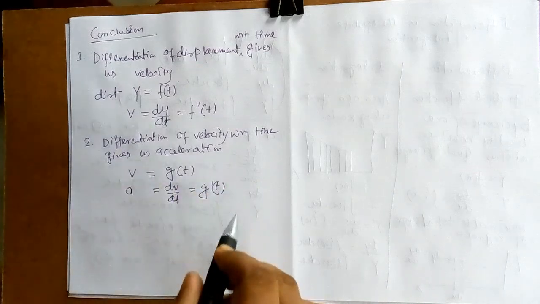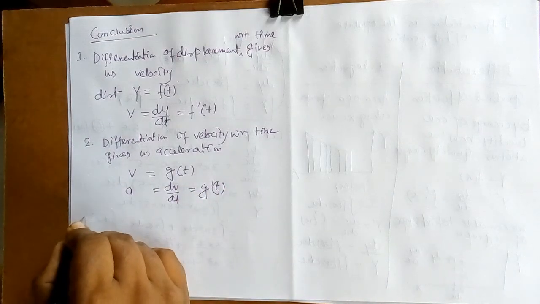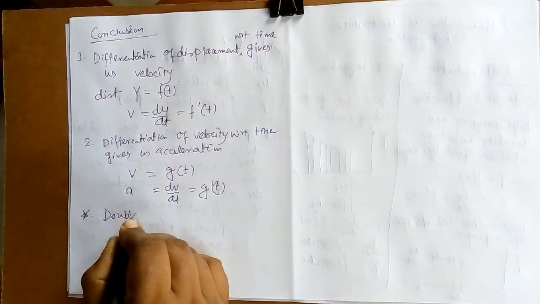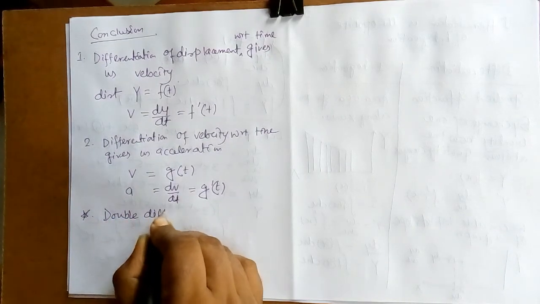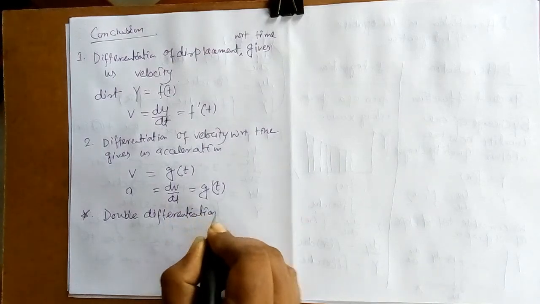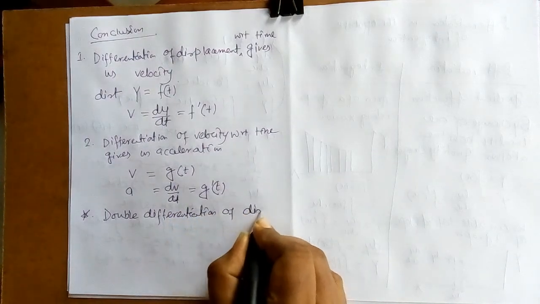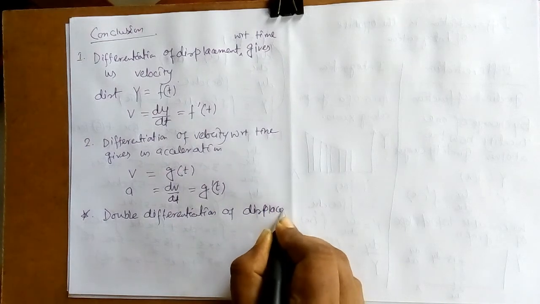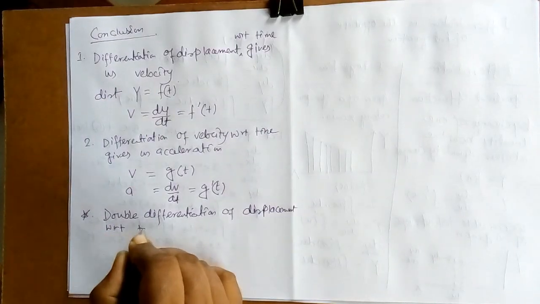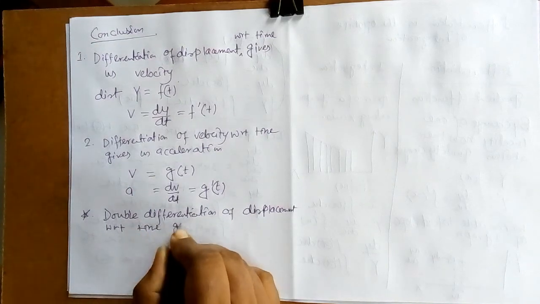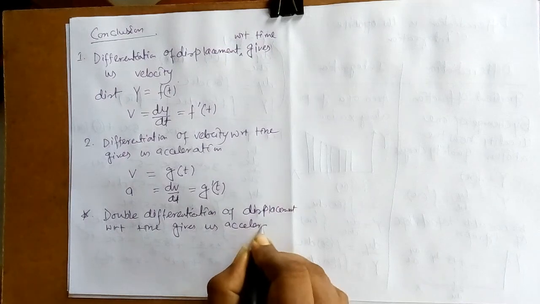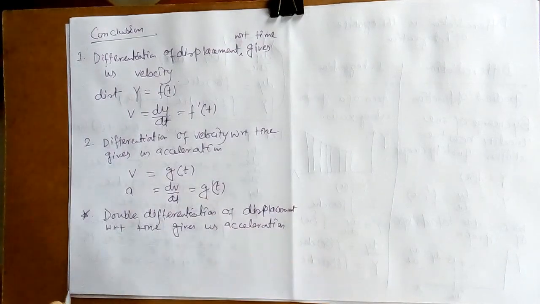Another way we can write it is a special thing: double differentiation of displacement with respect to time gives us acceleration. How?